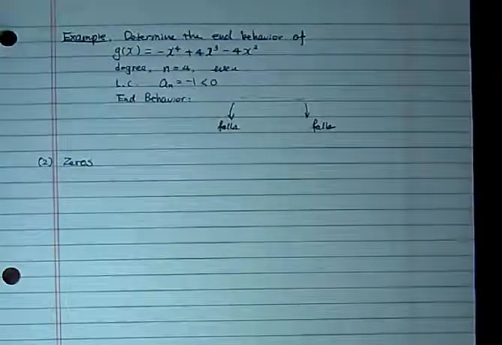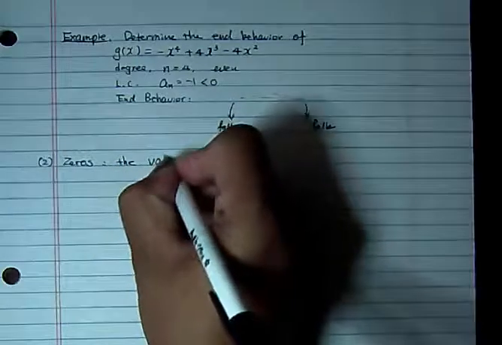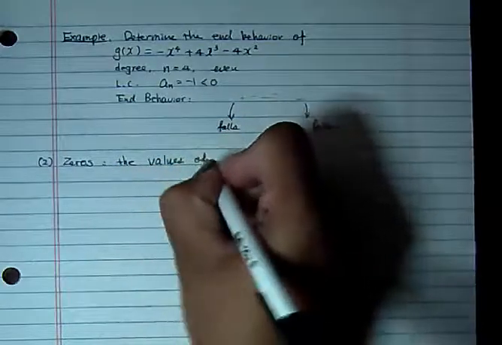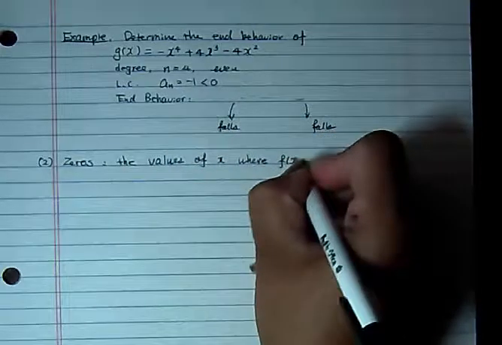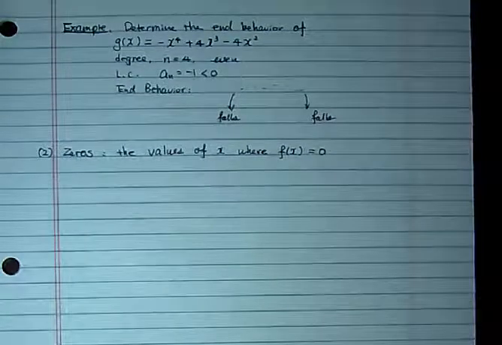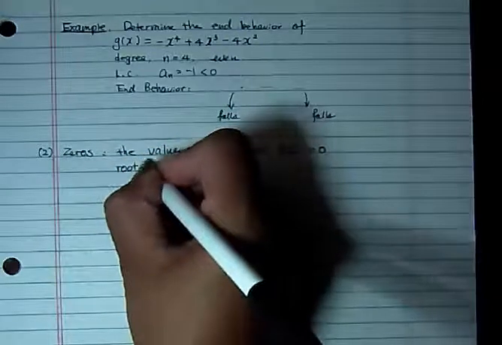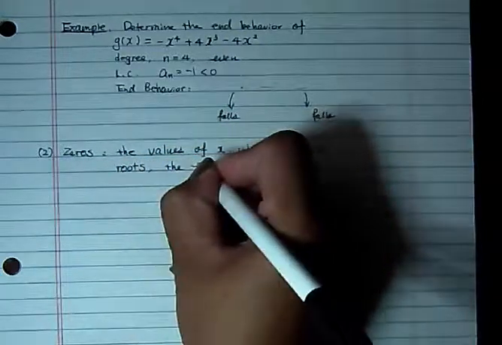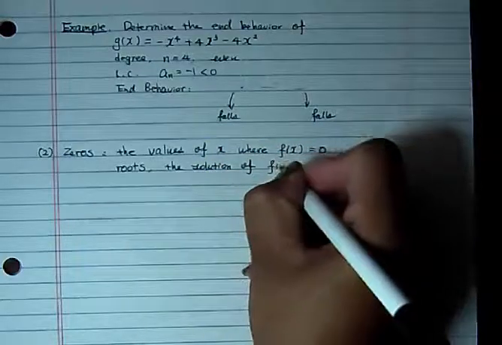What the zero means is the value of x where your output, which is f of x, equals 0. That's called a zero, and sometimes we call it the root, and it is the solution of the equation f of x equals 0.